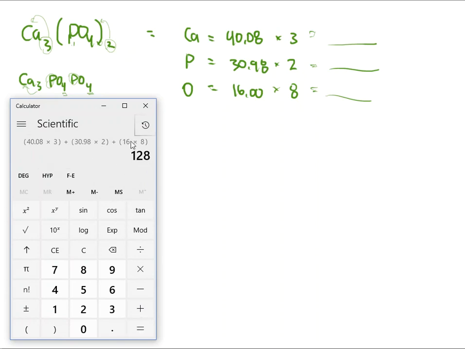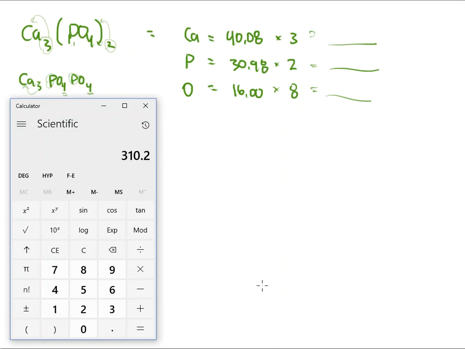So look on my computer screen, right? This is how it should look in your TI graphing calculator as well if you're using it. Parentheses 40.08 times 3, because that's the first step that needs to be done separately. Then the second step is 30.98 times 2, done separately. And then the third step is 16 times 8, done separately.